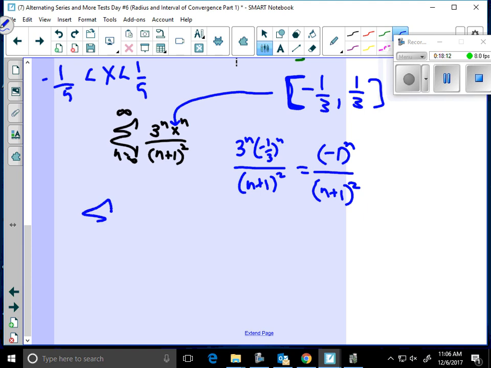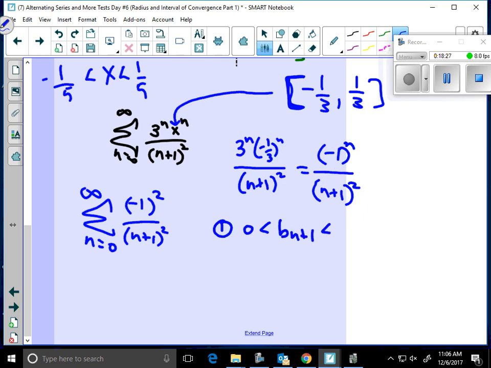What do I have to do to show that an alternating series converges? I have to do two things. First thing, show that terms are decreasing, right? B sub n plus 1 is less than B sub n. Will that be true? Well, this isn't B sub n because it's alternating, so that would be bouncing back and forth.